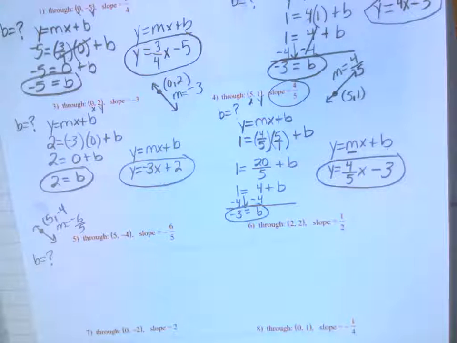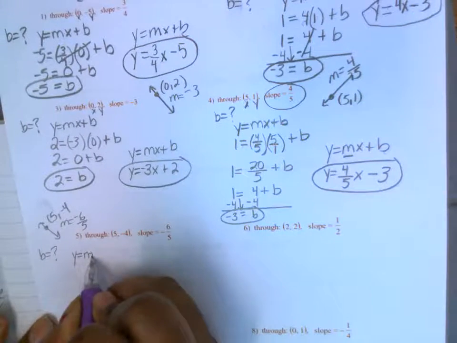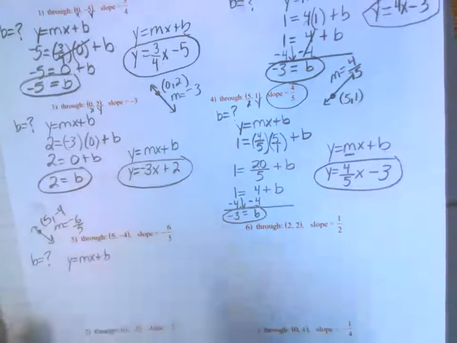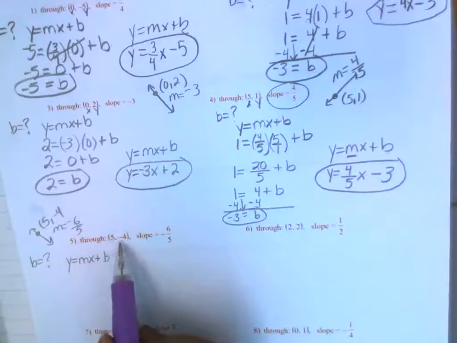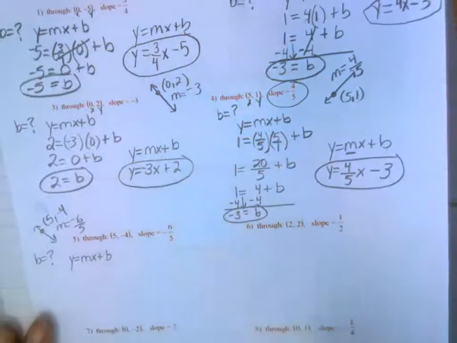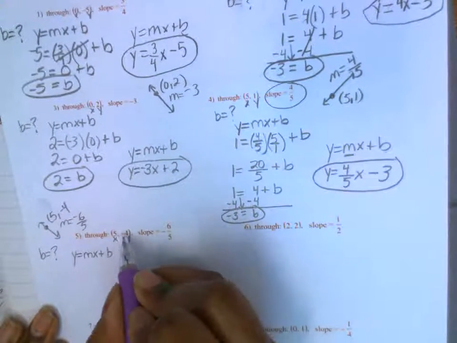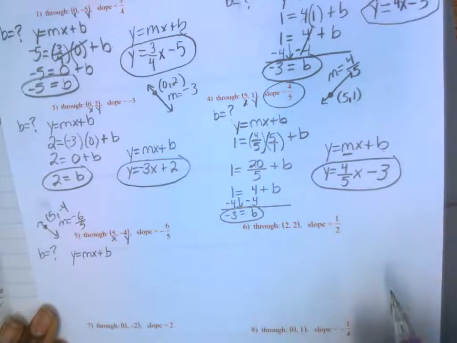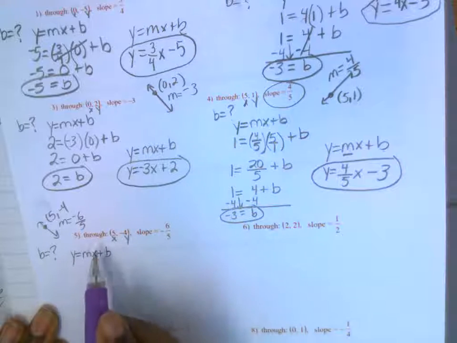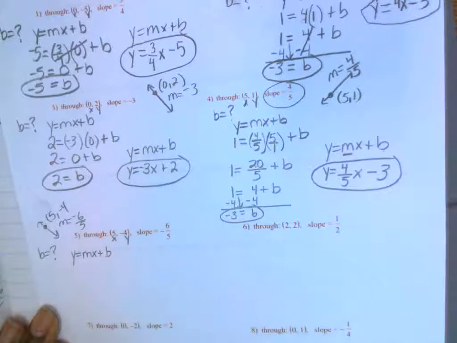In order to find b, just as we did in the previous problems, you use y equals mx plus b. You're going to substitute all the information that's given. You're given a point, so you have an x-coordinate and a y-coordinate, and you're given a slope, so you're given m. We're going to substitute this information into the slope-intercept form and solve for b.